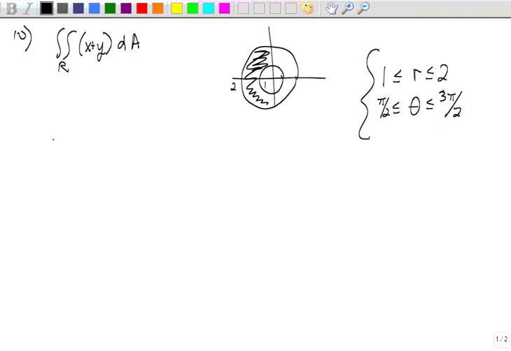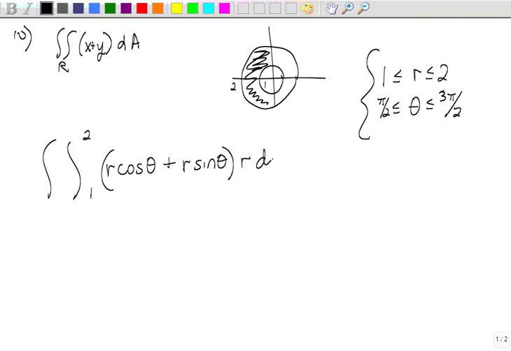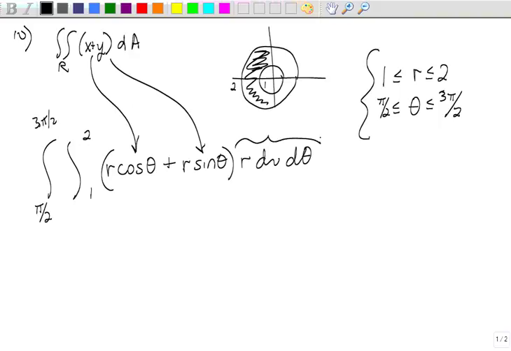So we integrate 1 to 2. We change x to r cosine theta. We change y to r sine theta. R dr d theta, and theta is from pi over 2 to 3 pi over 2. So this is x, this is y, and this is dA.